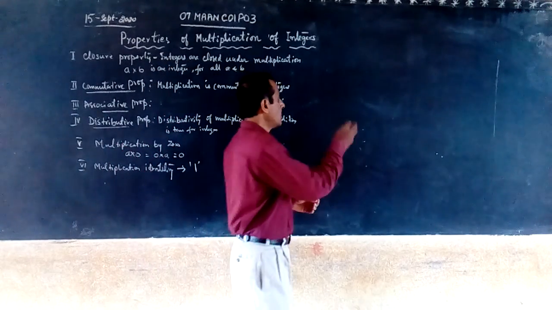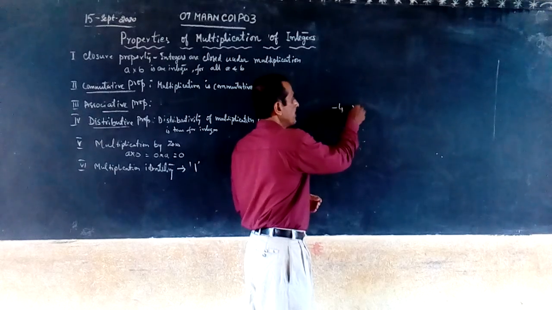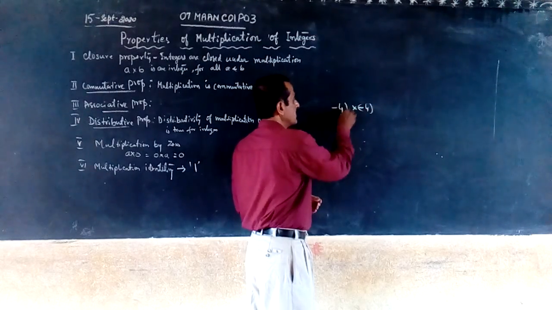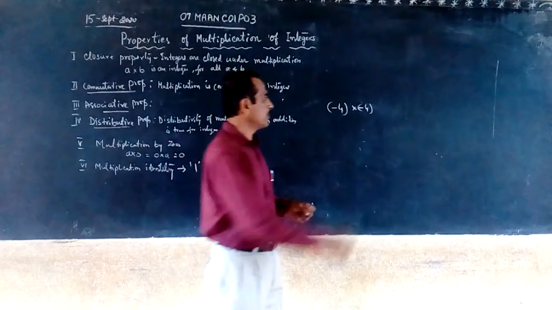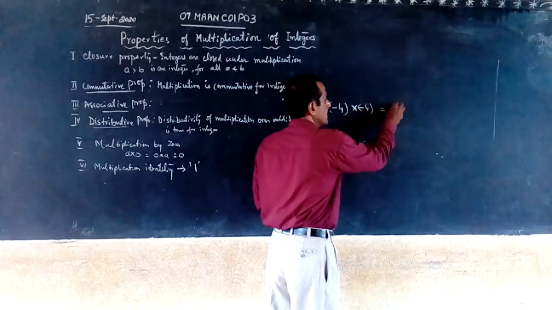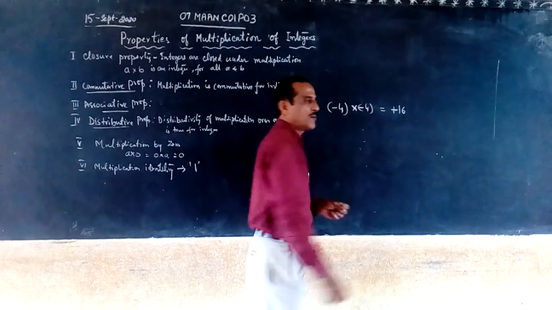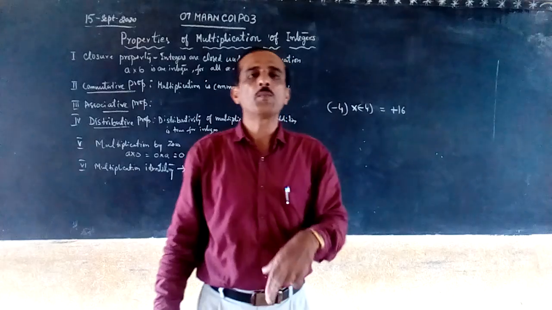See, I told in my last video that when two negative integers are multiplied, like minus 4 and minus 4, if you multiply minus 4 by another minus 4, the product is plus 16. If you multiply two negative integers, the product is a positive integer.